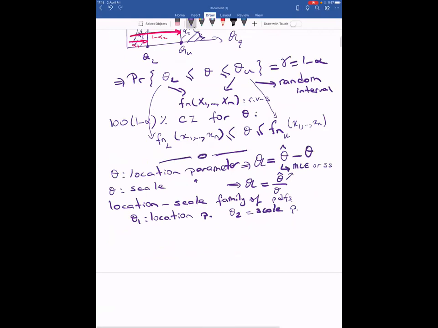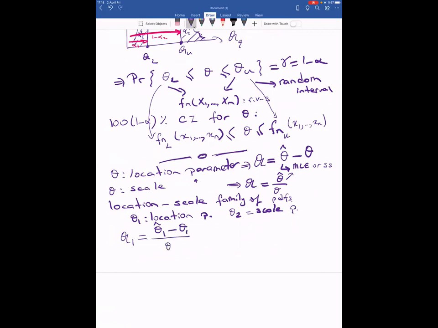When we want to find the pivotal quantity for theta 1, we use Q1, which is the MLE or sufficient statistic for theta 1, minus theta 1, over the second parameter.